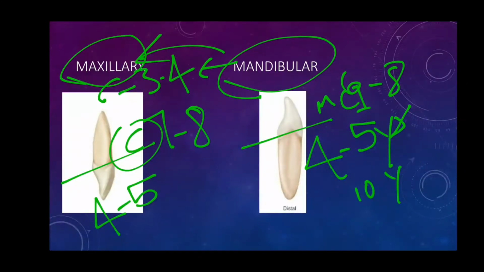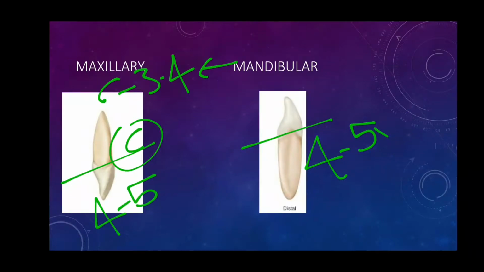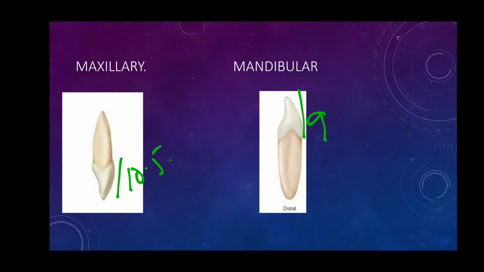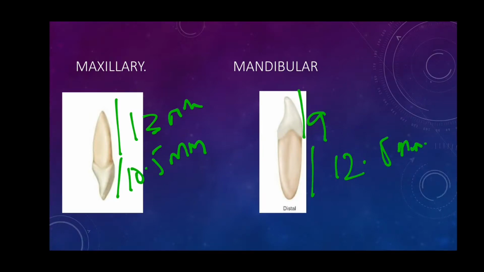Then coming to length: length of the crown and length of the root. Crown length of the mandible is 9 and crown length of the maxilla is 10.5 mm. Root length is 13 mm in maxilla and 12.5 mm in mandible.